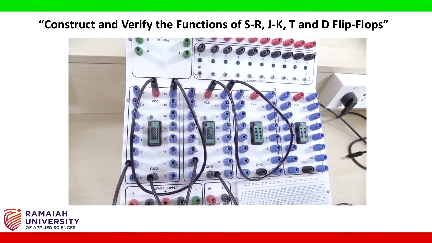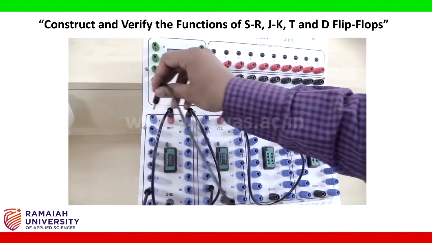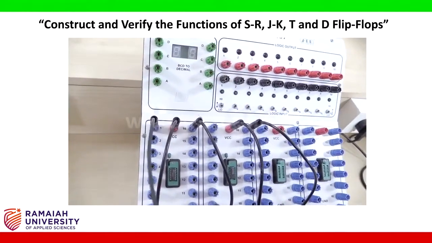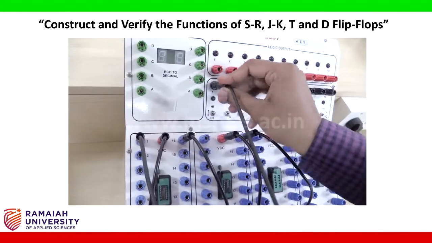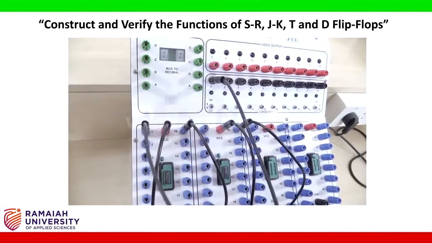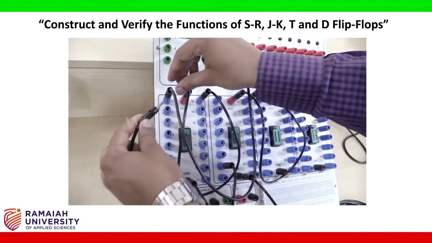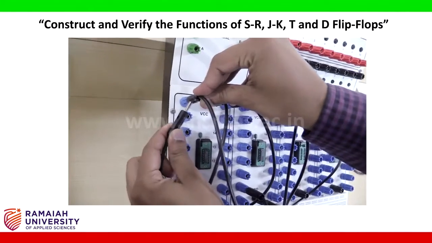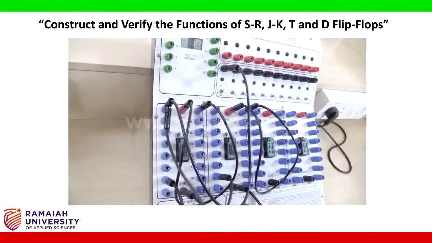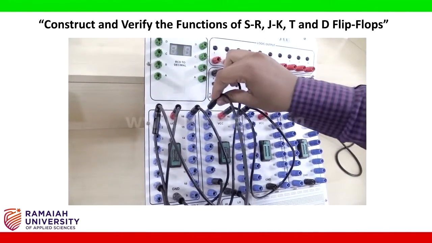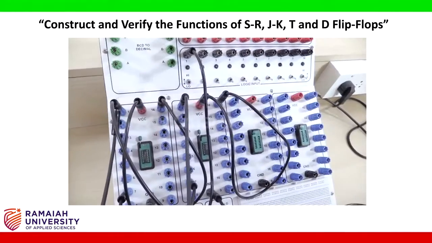Then pin number 1 of the NAND gate is connected to the input. This represents the D input, and similarly the same way we have to connect pin number 1 to the pin 1 of the NOT gate, that is here.